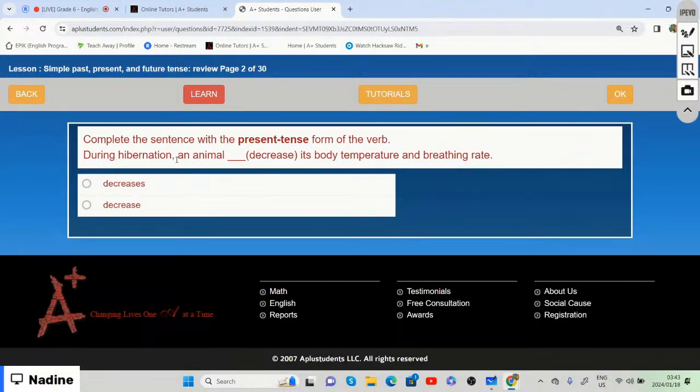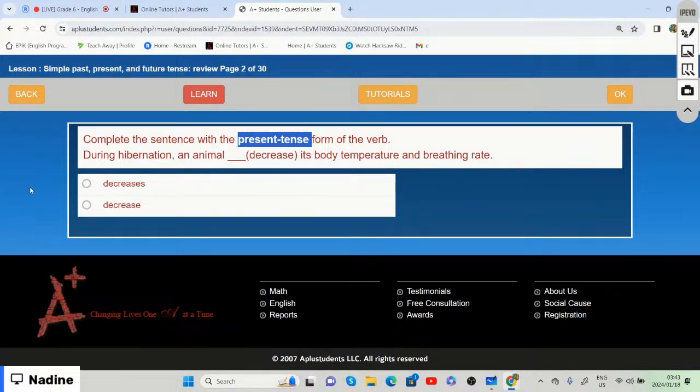During hibernation, an animal, this is now in the present tense form. We need to complete the sentence with the present tense form of the verb. During hibernation, an animal decreases or decrease its body temperature and breathing rate?